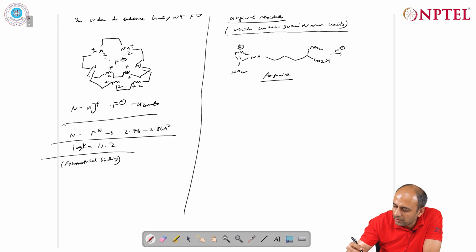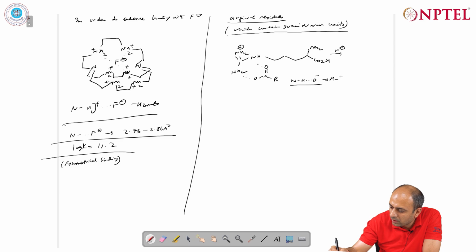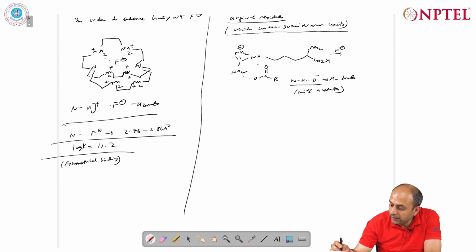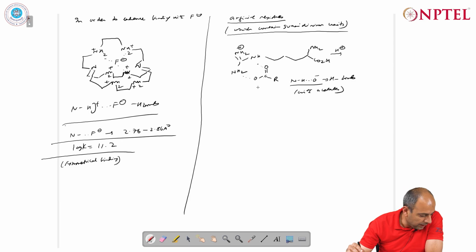Protonation of this makes it NH2+, and now we can have different receptors which can form NH...O- hydrogen bonds with acetates. So, this becomes a very interesting binding motif where the acetates are being sensed by the guanidinium cation.